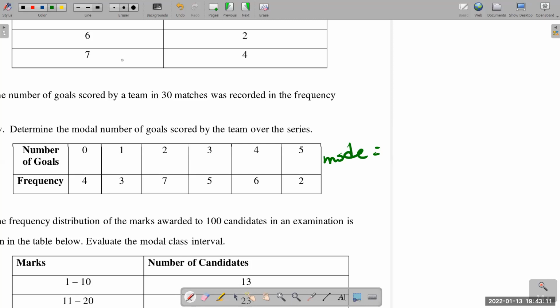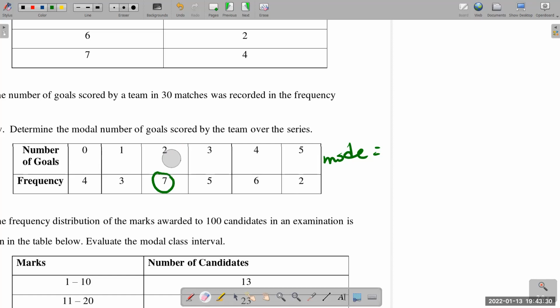Gwen, what's your answer? That means we're forgetting. We need to look at the frequency. Who has the highest frequency? The highest frequency is 7. So the mode is 2 goals.